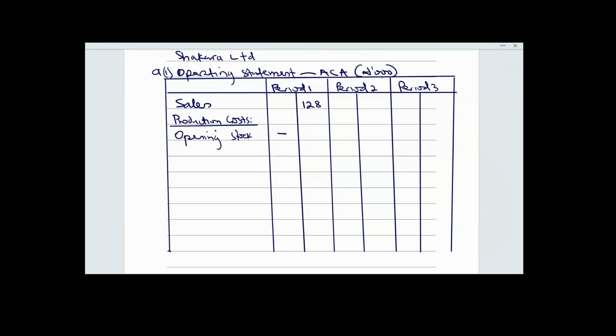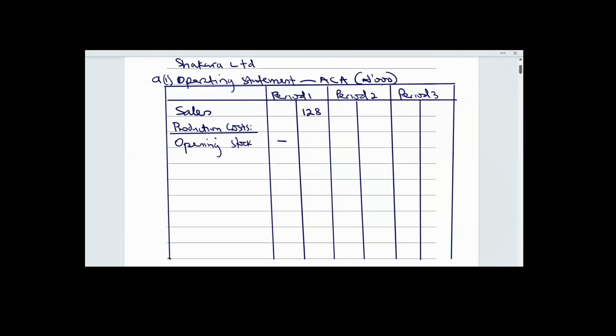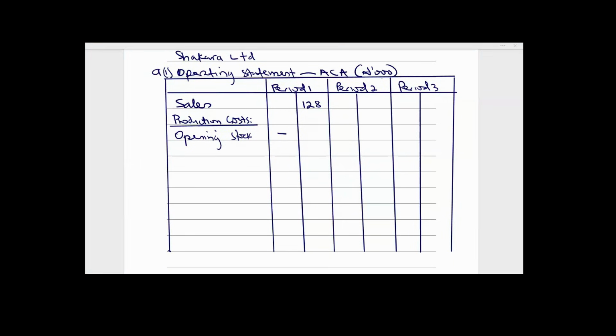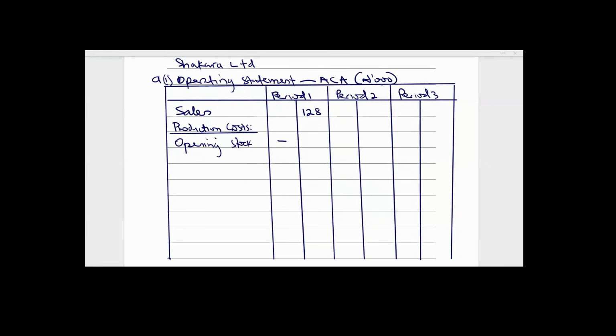After opening stock, the next item will then be the direct material. I will go to the question to check if I'm given direct material. In the question, the cost per unit, the standard cost, we have direct material, direct labor, and then variable overhead and fixed overhead. So I can come here to say direct material.